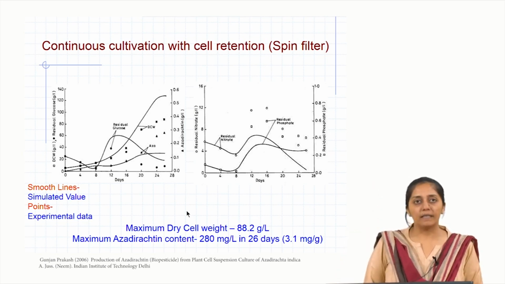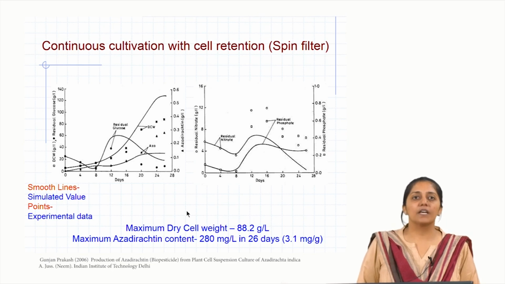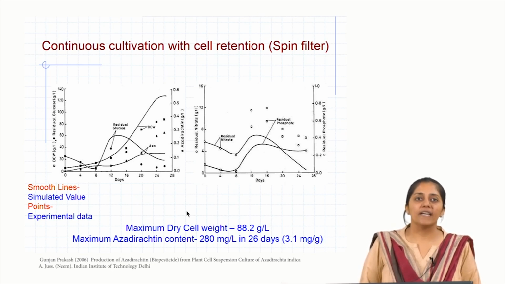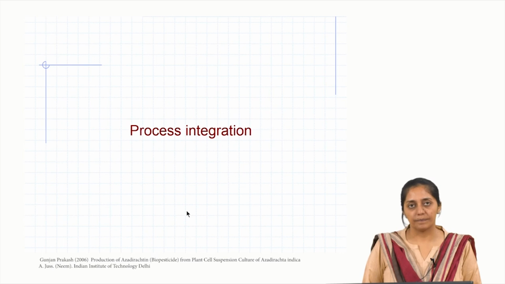Experimentally, the biomass achieved was around 88 grams per liter, and the azadirachtin titers achieved were at a level of 280 milligrams per liter in 26 days.